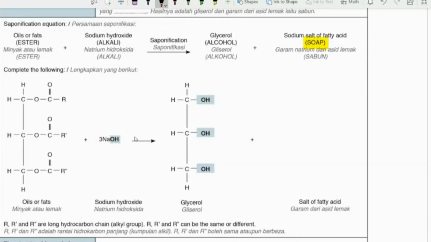During the saponification, you break, not from here, it's from this one. So the OH goes in here, into this one. So you see, you connect to here, 1, 2, 3. From here, can I connect to here? So this is glycerol. Is that okay? Can you see?